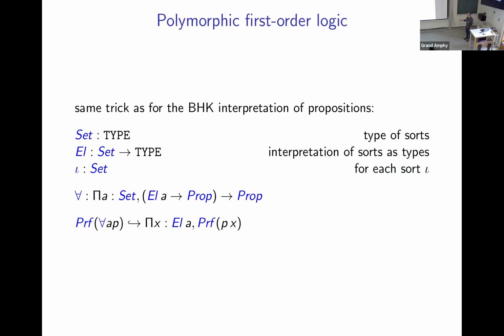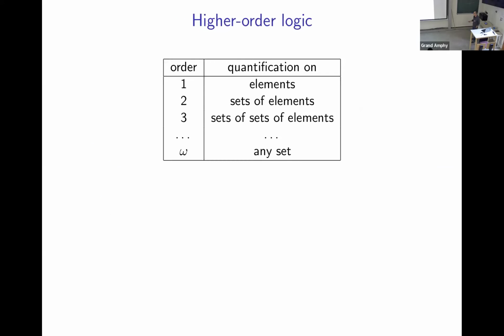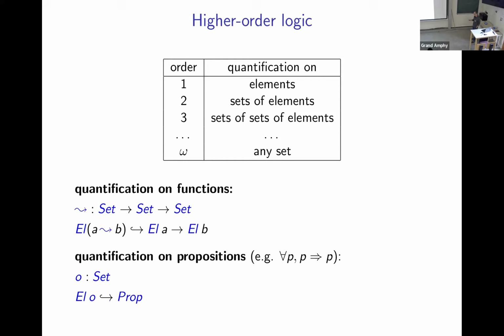We need some set A such that the elements of this set are propositions. And this can be easily done by just adding a new element in set. Let's call it omicron. And to define the interpretation of omicron as a type as the type of propositions.